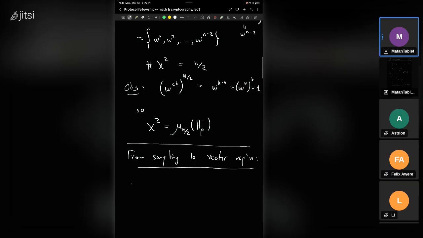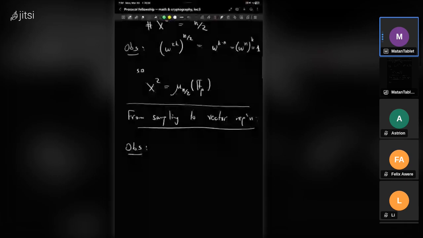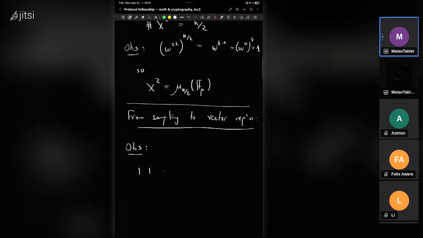So here I first observe that if you give me the vector representation and you give me this primitive root of unity W, then I can write it like this: 1, 1, 1.